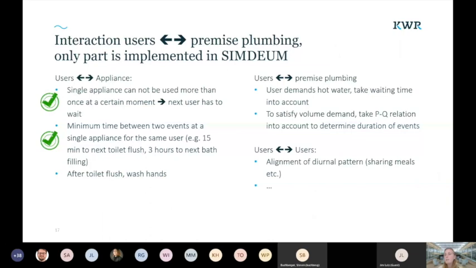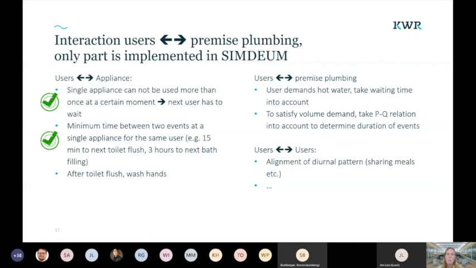So when we looked at those applications and not having validated at the level of the tap, I've come to realize that at this really level all the way down to the tap, it is important, or it might be important, I'm not really sure, to take some extra interaction between user and the system into account, and only part of that is implemented.